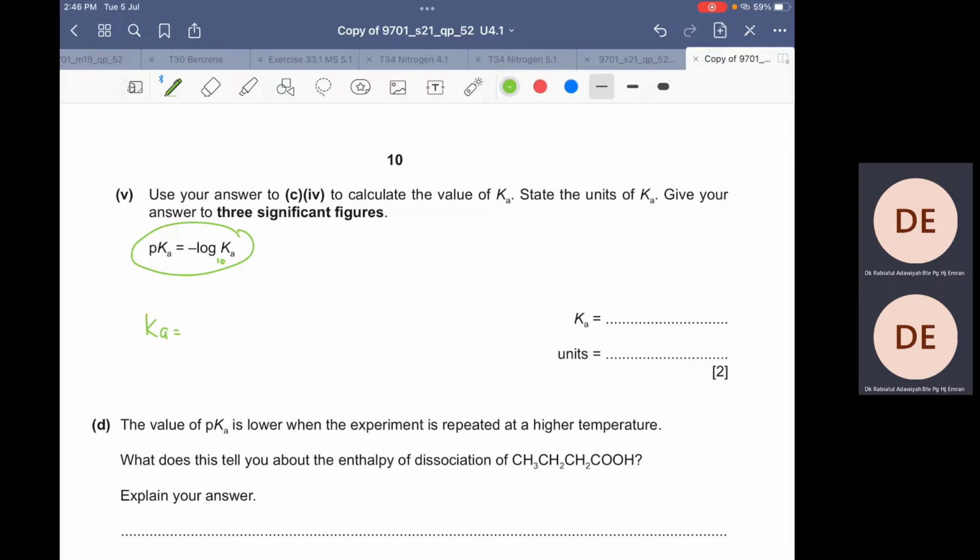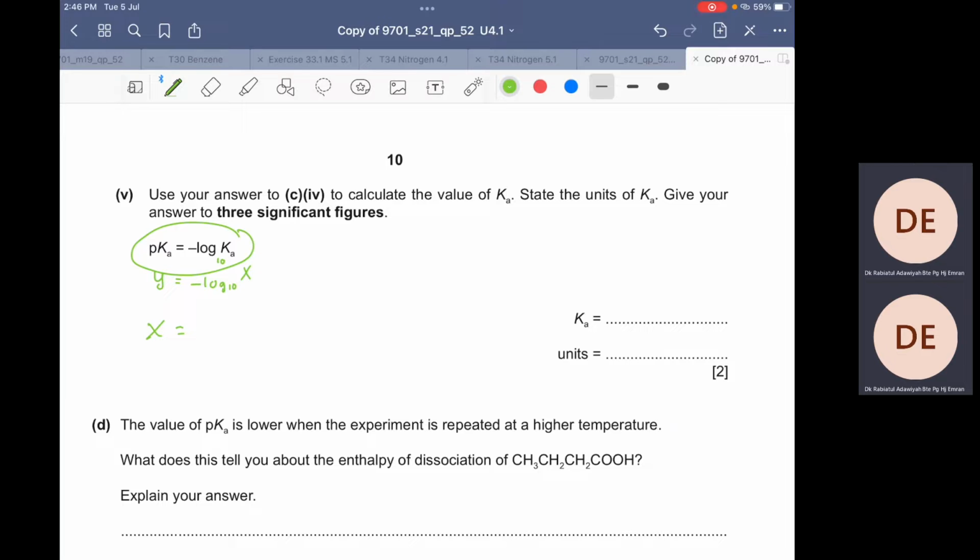So how do we rearrange this? Log base 10. So just imagine this is y equals minus log 10x. So x is equal to, maths.